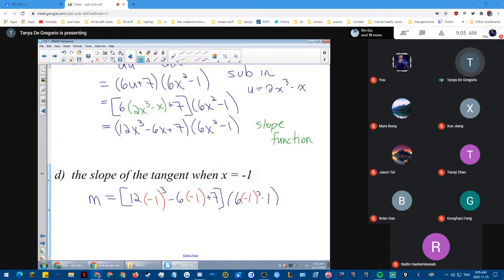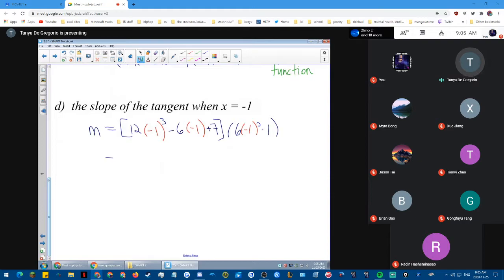Remember guys, the slope function allows us to find the slope at any point. Now you clean this up, you get -12 plus 6 plus 7, which means that the slope when x is equal to -1 is 5. Any questions?